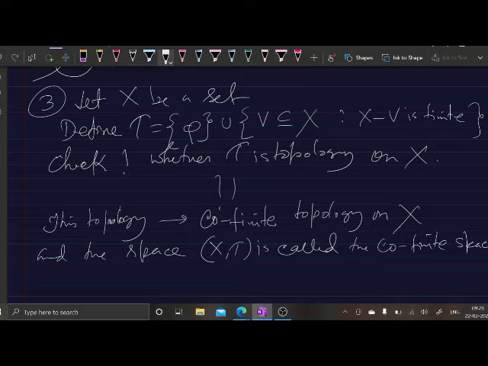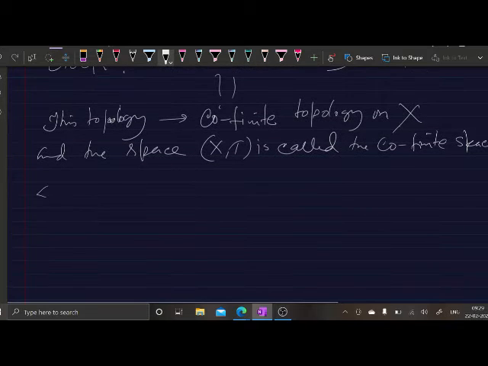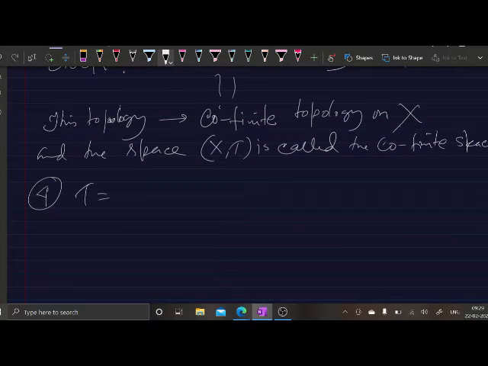So whenever we refer to co-finite spaces, you should remember that the topology consists of phi, along with those subsets of X whose complements are finite. And in a similar way, one can define another tau, which is like this: V subset of X such that the complement is countable.